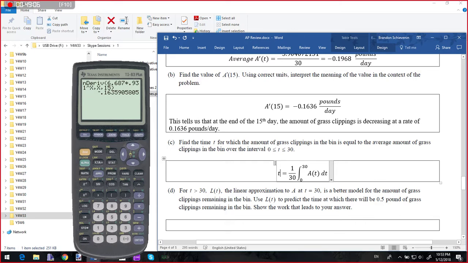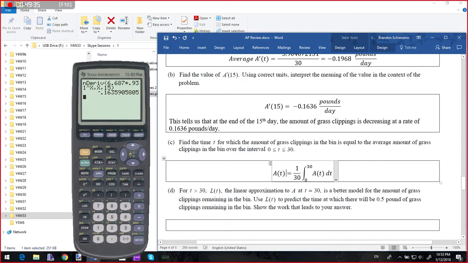hold on. The time at which the amount of grass clippings, okay. I actually want the time where the amount's equal to this. So what has to go on my left side? A of t. Right. Okay, I want the time when this is true.